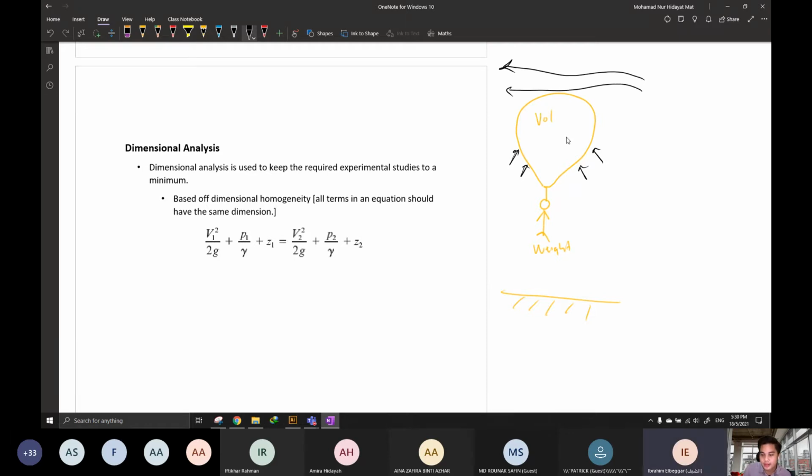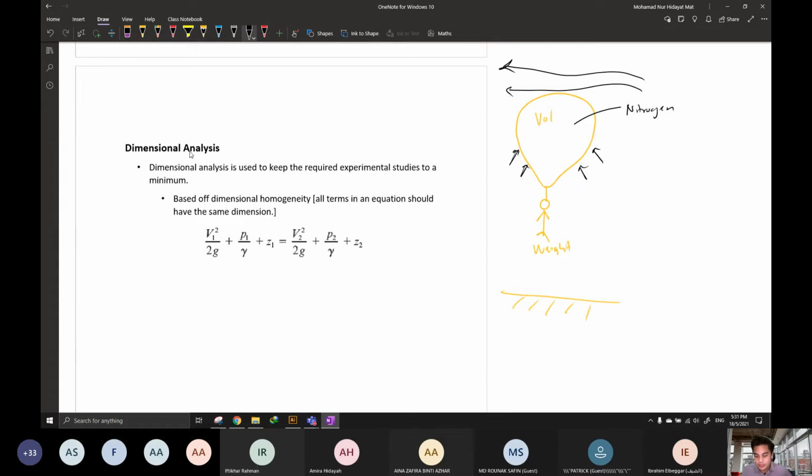Different air, maybe nitrogen. And you see, you have so many variables that affect the parachute to fall down, right? So this is the function of dimensional analysis, to minimize your experiment.